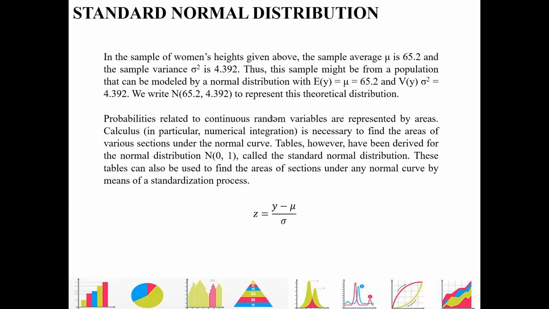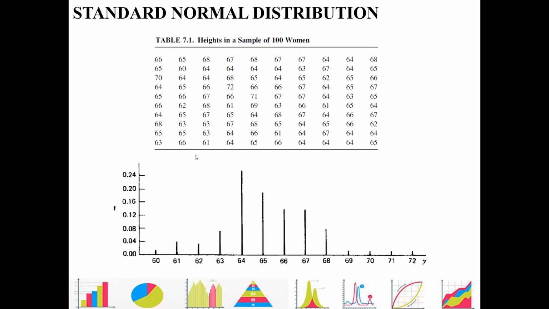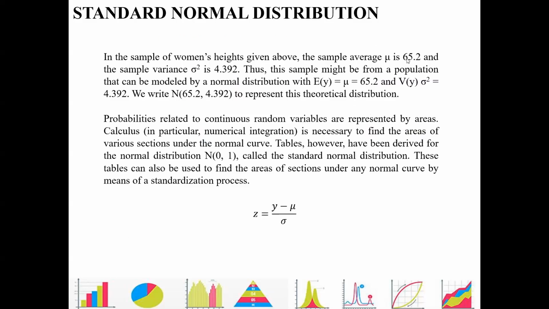If you try to get the mean of this one, you add all this data and then you divide by the number of the items or the n, you will get 65.2 and the sample variance is 4.392, which is the traditional way of solving the variance, the summation of the mean minus the y over n. So yun, that's how you get the sample variance.